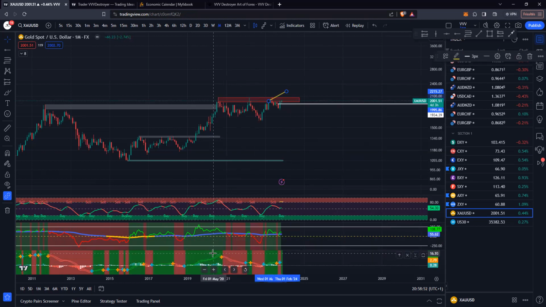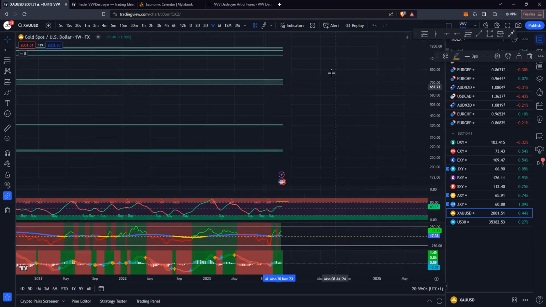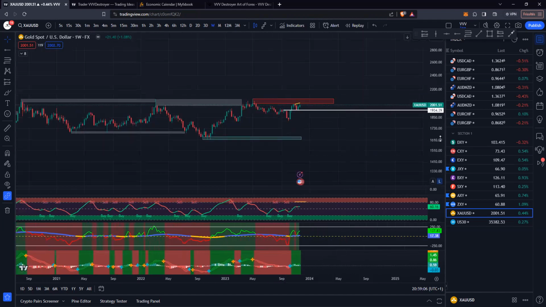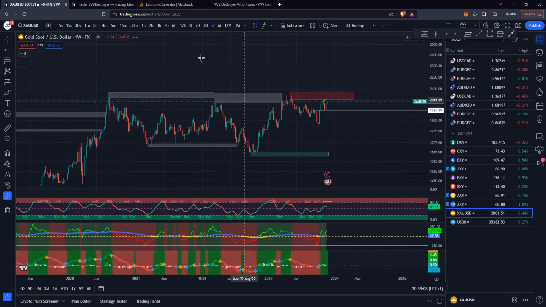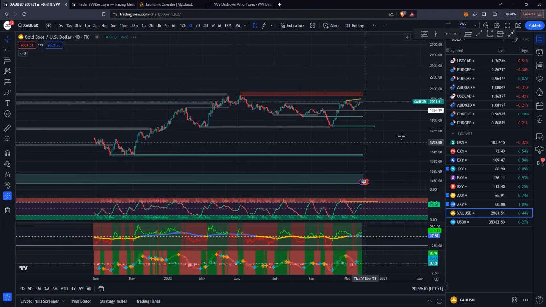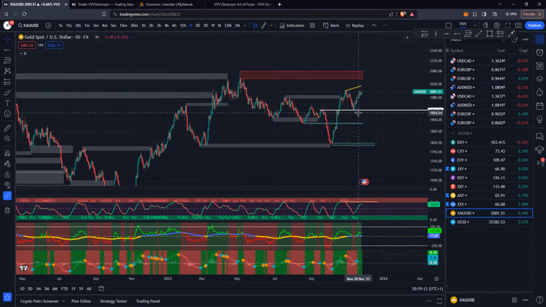And as you see in the structure as well, we are coming closer to the zero line. Okay. So yeah, this is what I want to see on the daily basis. But you can see again a possibility for a divergence.